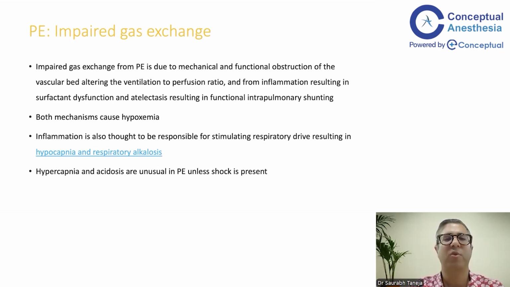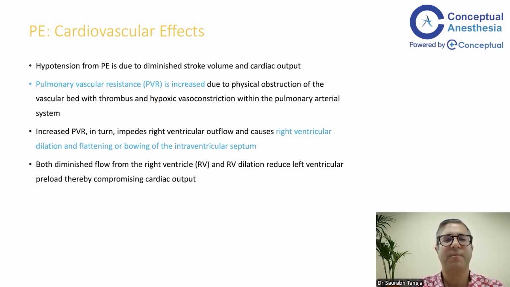So when the patient goes to the extreme, goes into shock, you will find the pH dropping to less than 7.4 or less than 7.3, and then gradually when the patient goes down, the PCO2 level rises. Initially, the patient is tachypneic, one of the very common symptoms of pulmonary embolism, and because of tachypnea, this leads to hypocapnia and respiratory alkalosis.